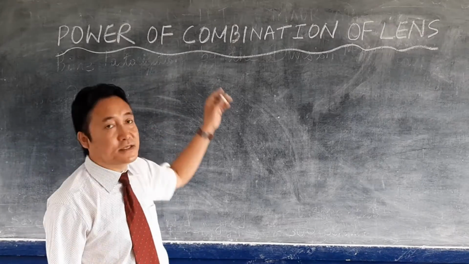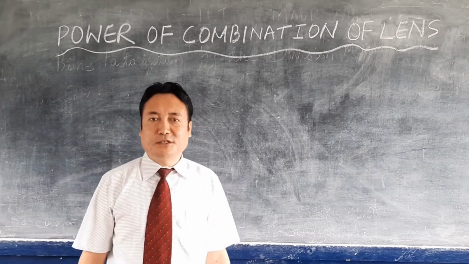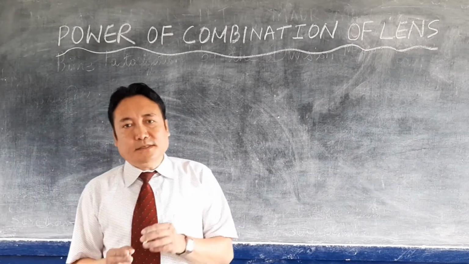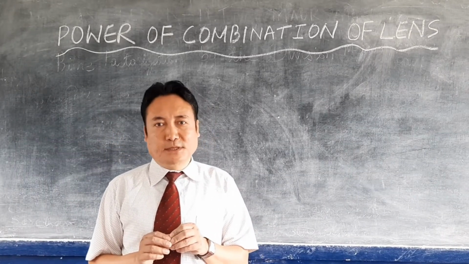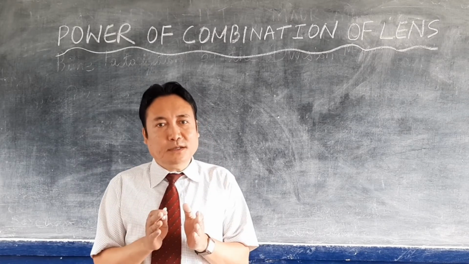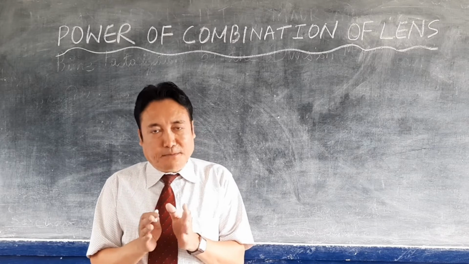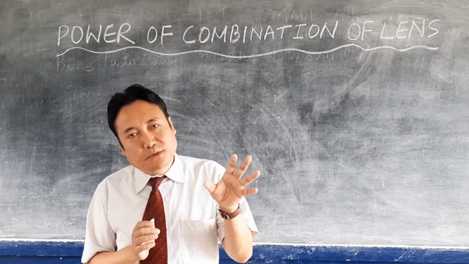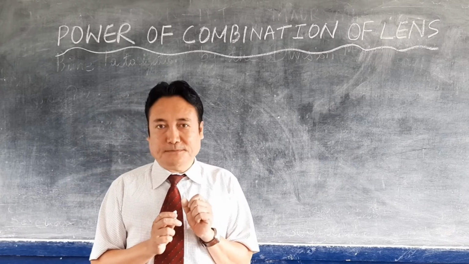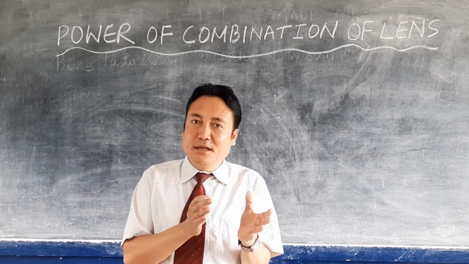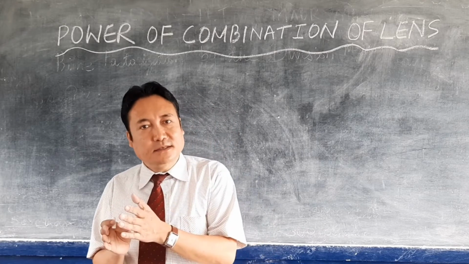The first one is the power of combination of lenses. Now, the lenses are combined together. When the lenses are combined together, the power which we get by combining the lenses, we call it the resultant power. The lenses can be concave as well as convex.